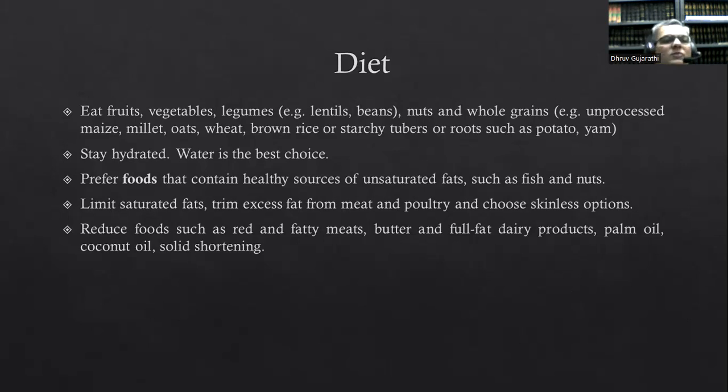Starchy tubers like the sweet potato or the yam. These things should be used so as to get adequate antioxidants and adequate nutrients.